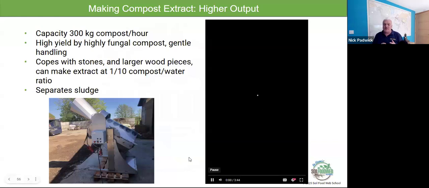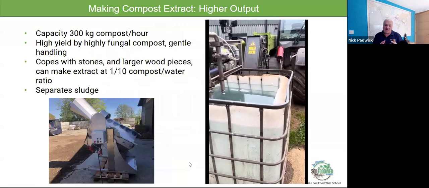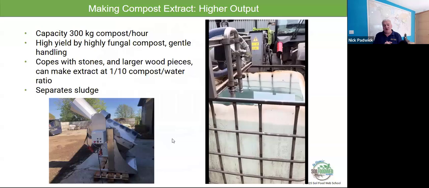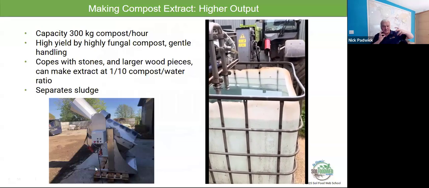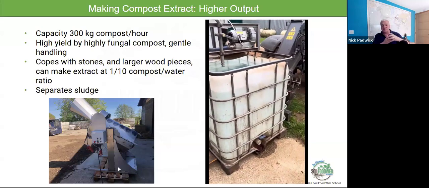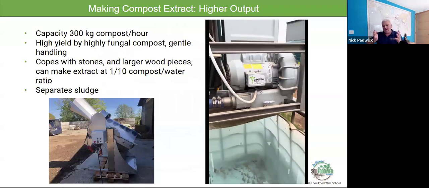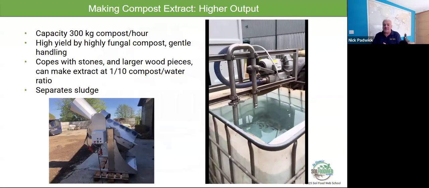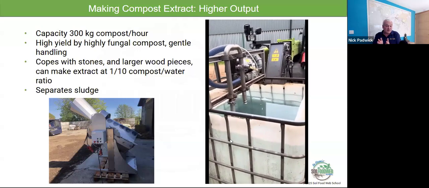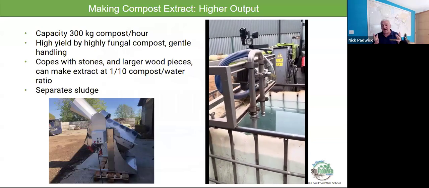And then you can start moving to even larger scale applications, and the picture there is of a screw auger type system that you put the compost in and water goes in the system as well. Or you can start doing this sort of system where you have an air blower, and inside that air blower we've made a round barrel with lots of air holes in it.